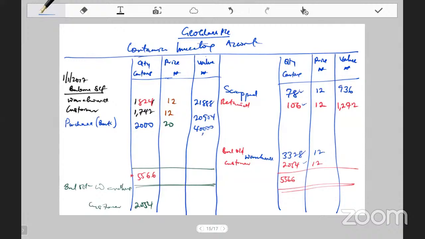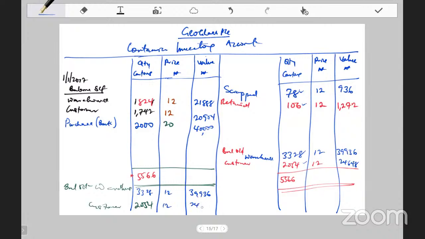So I have to insert all the figures. 3328 times 12, I hope you are also calculating, gives 39,936. And 2054 times 12 gives 24,648. So now I have the one that is also in the warehouse: 3328 at 12, 39,936. Then this, 24,648.